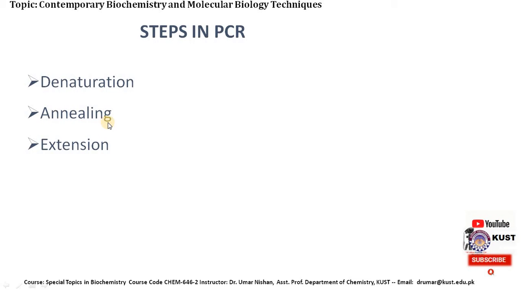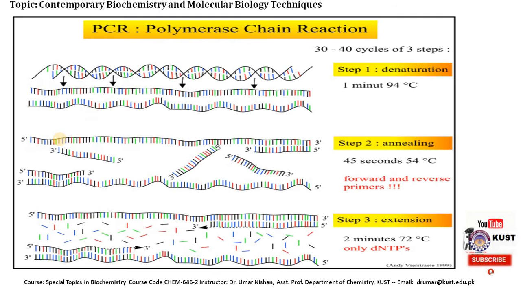Another one is annealing. This is followed by extension, and once the extension is complete, the cycle repeats itself, from denaturation to annealing to extension. Now in the following slides you will see how it works.